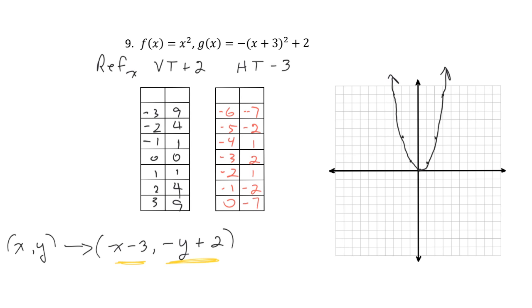So our new one, we'll sketch these points: -6, -7. -5 at -2. -4 at +1. -3 at +2. And then we go back to 1, -2, and -7.